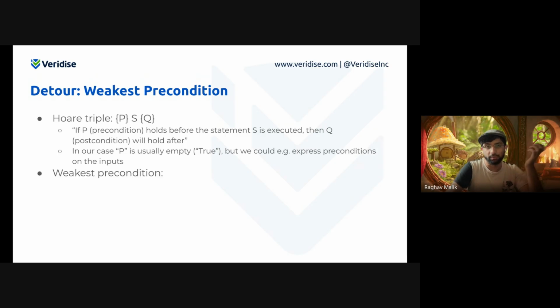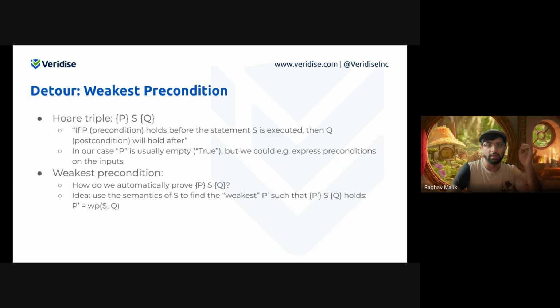All right, so given a Hoare triple, we want to automatically verify that it holds, right? And the way we do this, the idea is you start with the postcondition Q and the statement S, and you want to derive some other precondition, we'll call it P prime, such that first of all, P prime S Q holds, so that P prime is a good enough precondition to imply the postcondition after executing the statement.